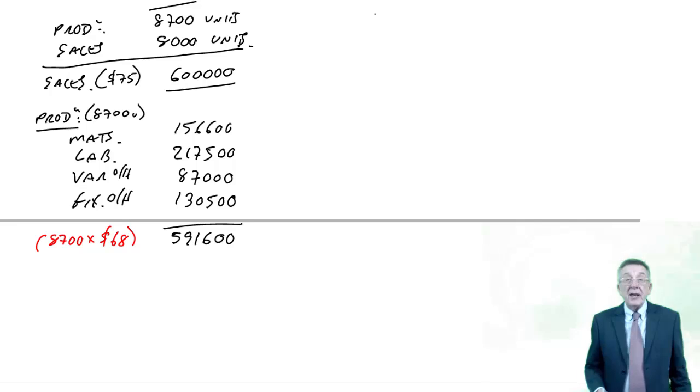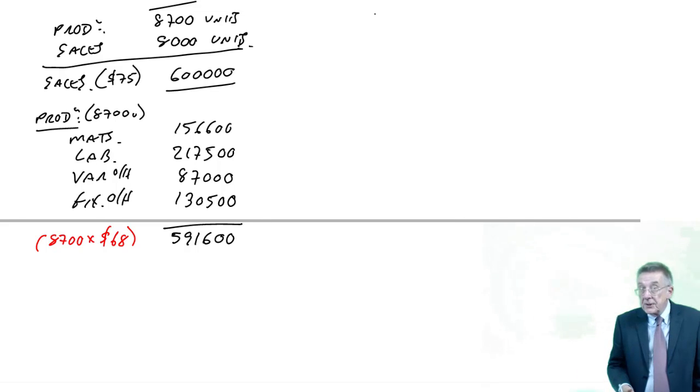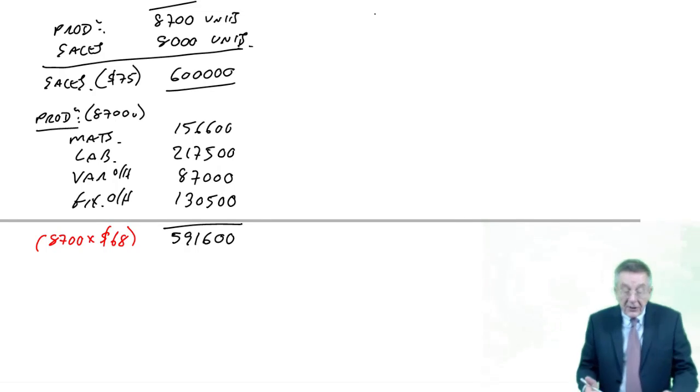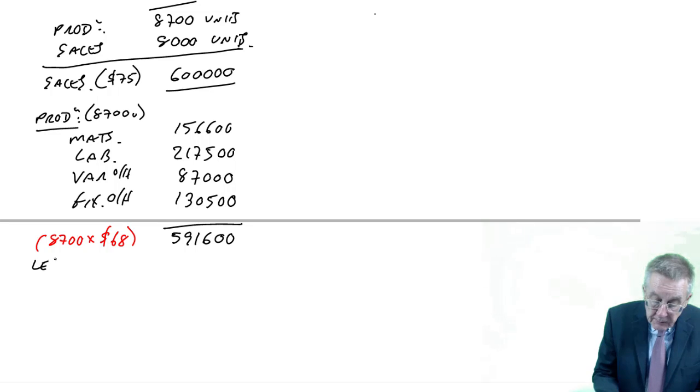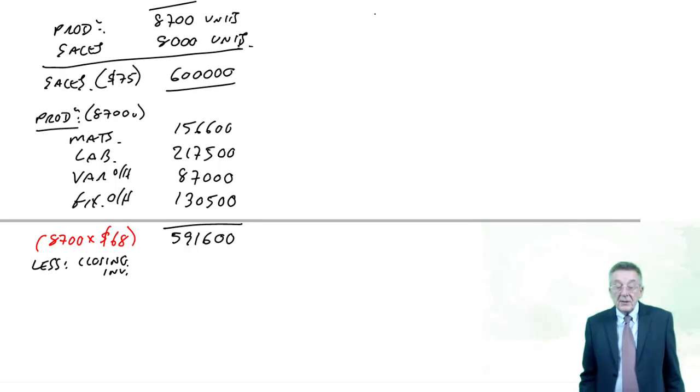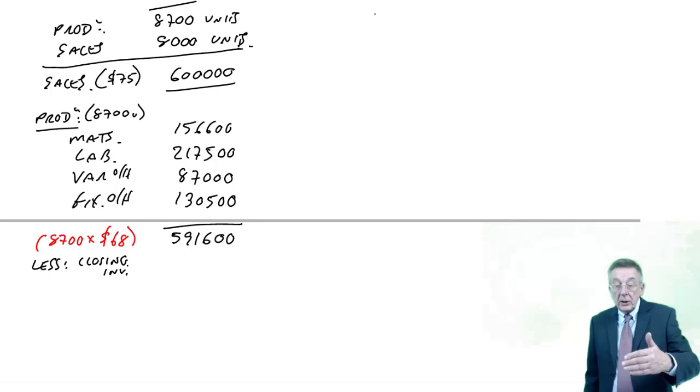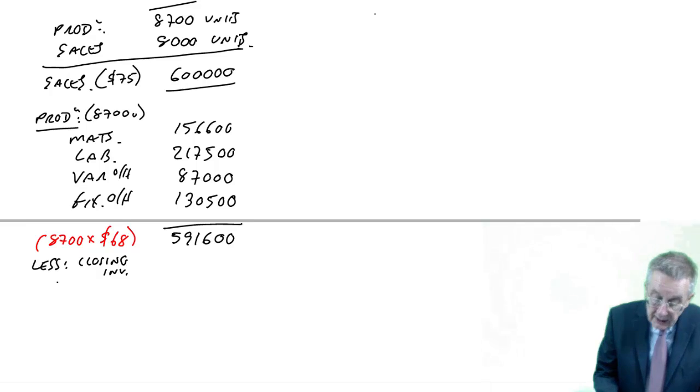However, that's the cost of the 8,700 I've produced. To get the cost of sales, we need to subtract the closing inventory. We said earlier, if we produce 8,700 and only sell 8,000, there's 700 units left.